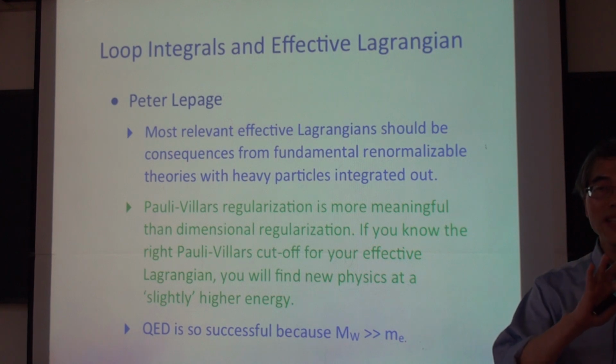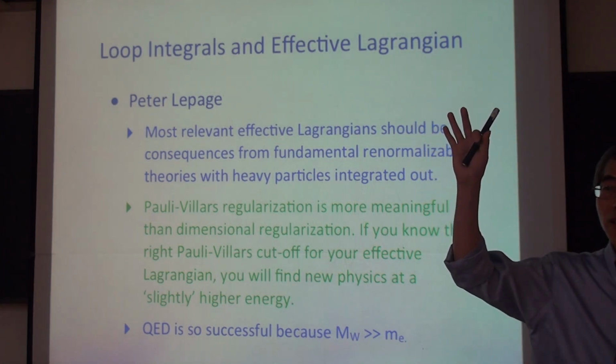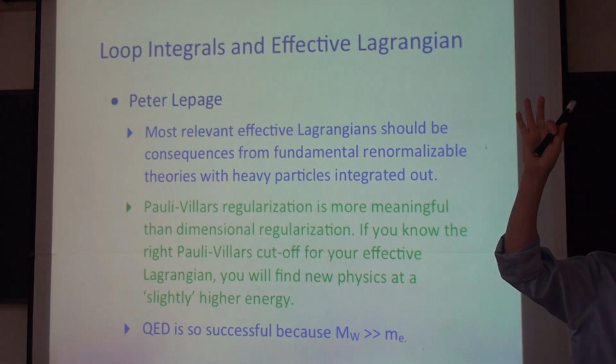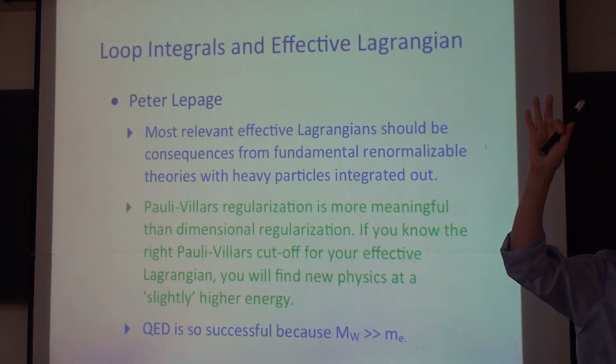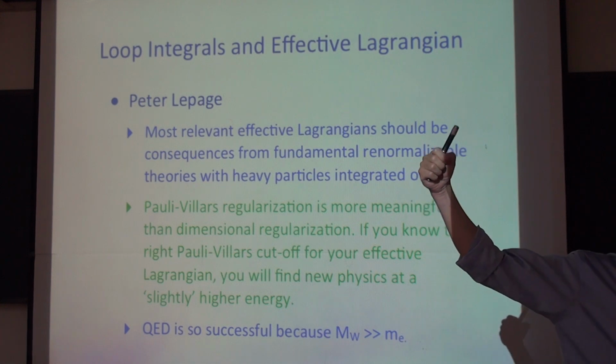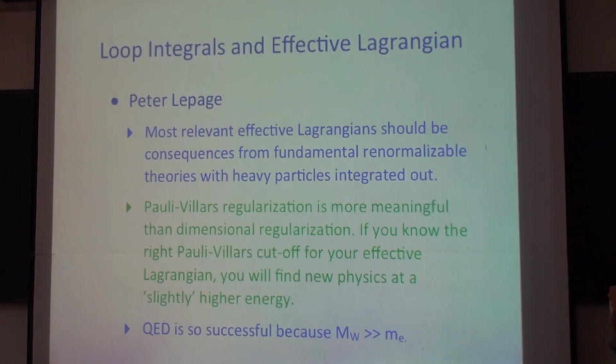And we have to wait until MW to show us QED has a brother that is how many times more massive? 80 GeV, 80 times 10 to the third power over 0.5. Okay, his brother is big and heavy, and electron is so small. So QED is so successful.